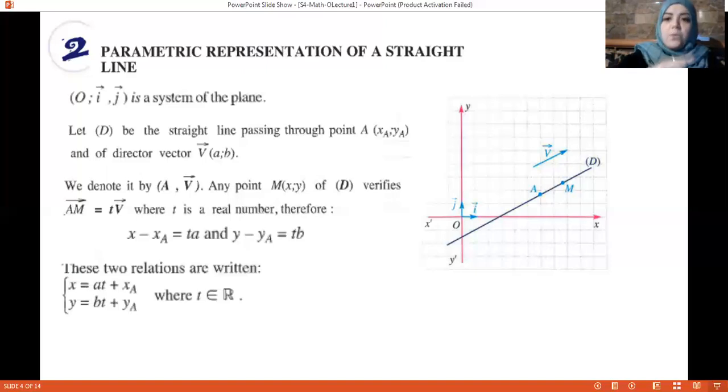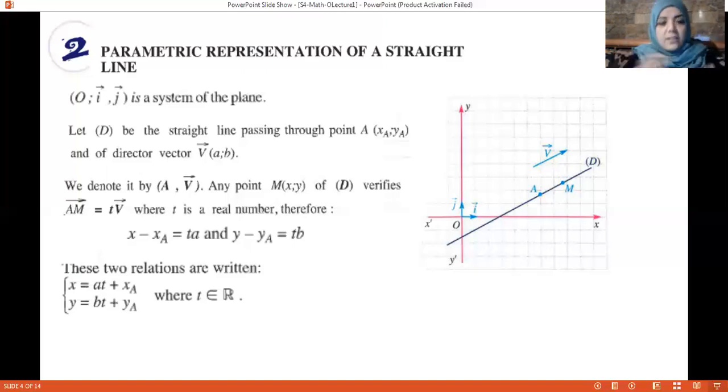Also, I bring ya to this side and I leave y by itself. So you can see that we have a system of two equations, one for x and one for y, where I have a parameter t. Okay? This is the parametric representation of a straight line.